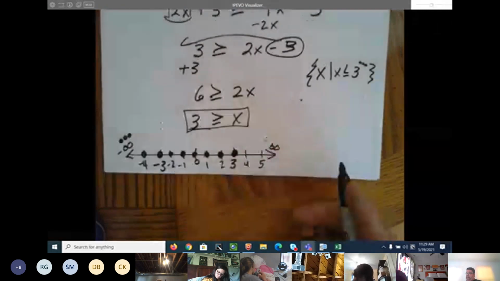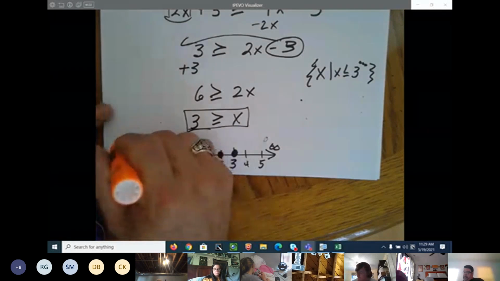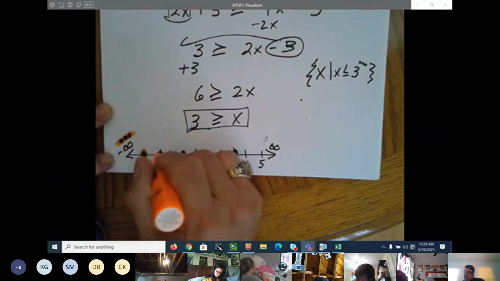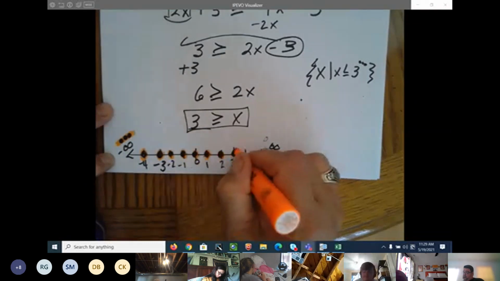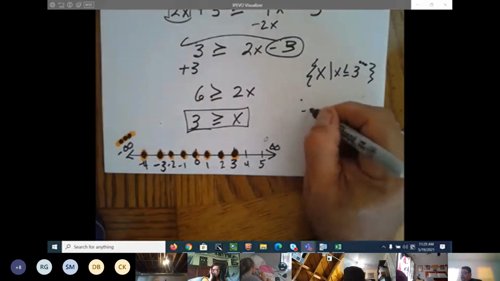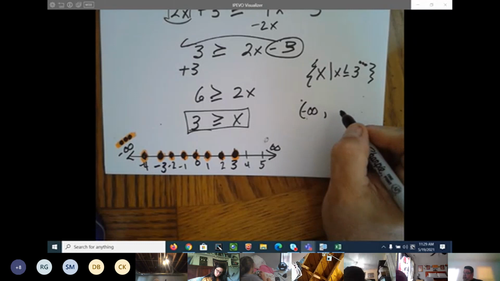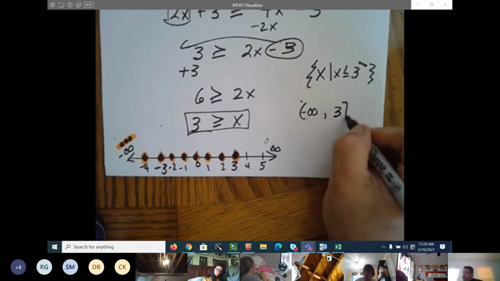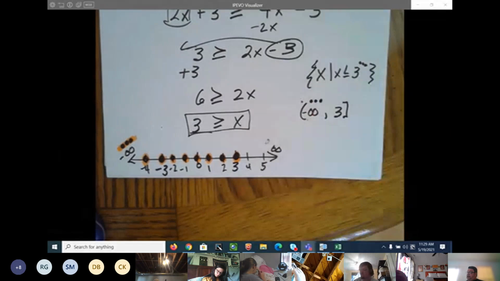And interval notation, you can highlight this guy and these dots. And that is from negative infinity to positive 3, with dots on that.